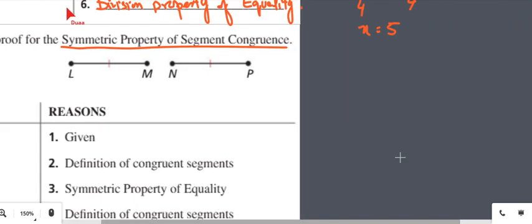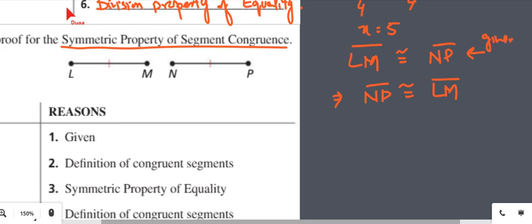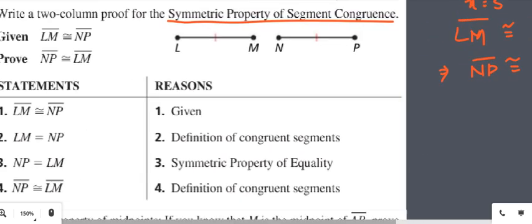That if the segment LM is congruent to the segment NP, this implies NP is congruent to LM. So we are given this and we have to prove this. Clear? So let's see how we can prove that.